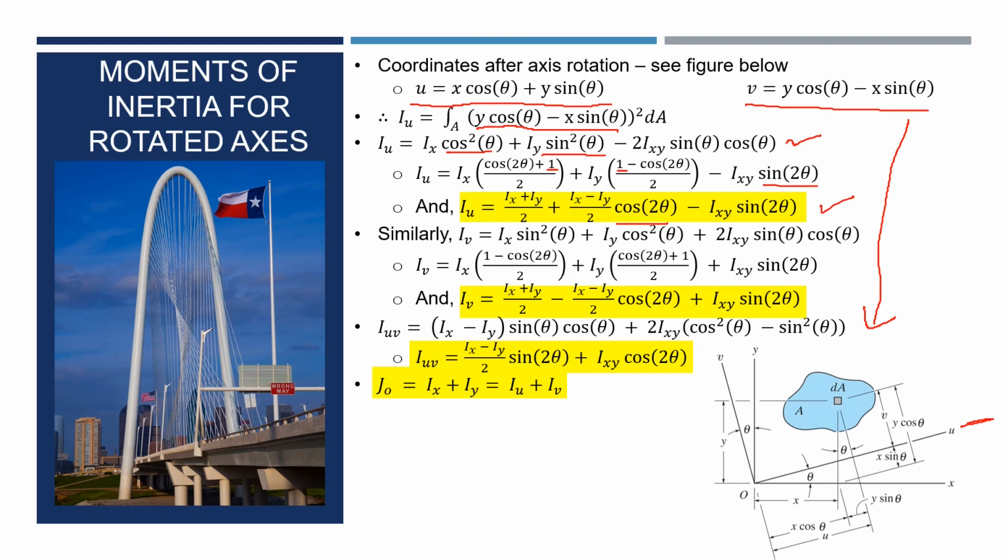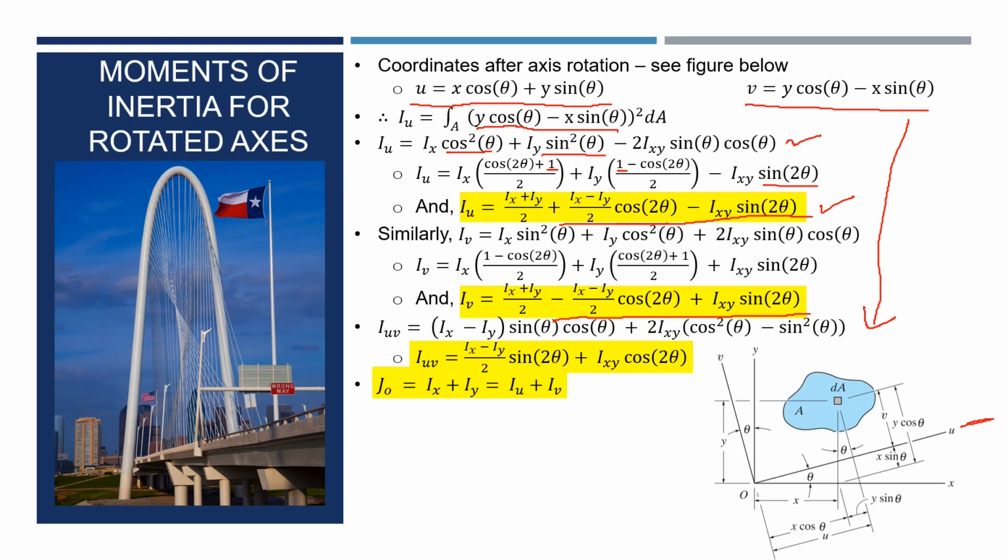I sub v is very similar. You'll notice the I sub u is Ix plus Iy over 2 plus an expression. I sub v is Ix plus Iy over 2 minus the same expression. So this will be important later.